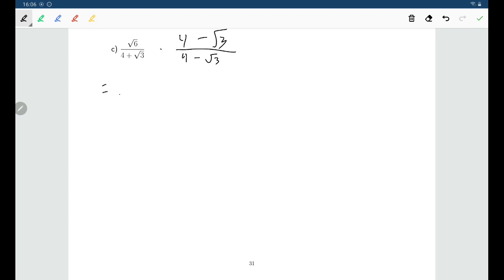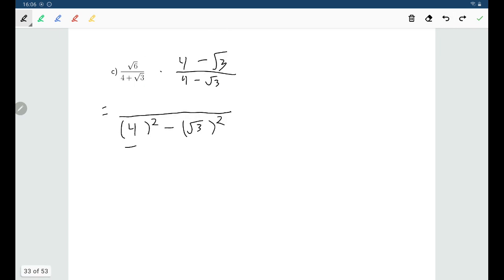And so in the denominator, I would get first thing squared minus the second thing squared. I've taken a plus b and a minus b, and I multiply them together to give me a squared minus b squared.